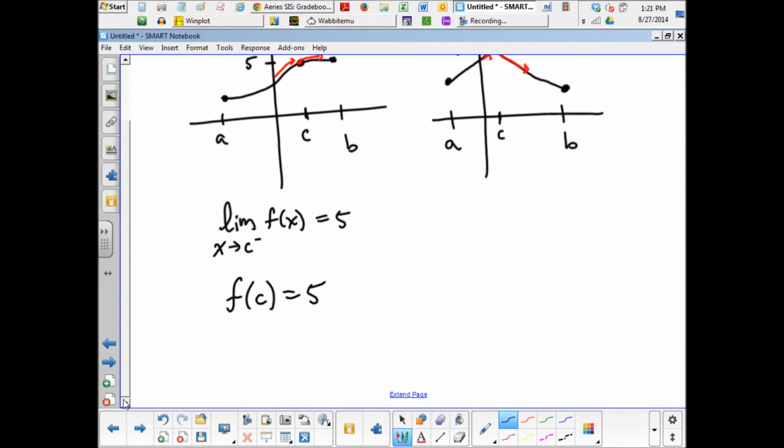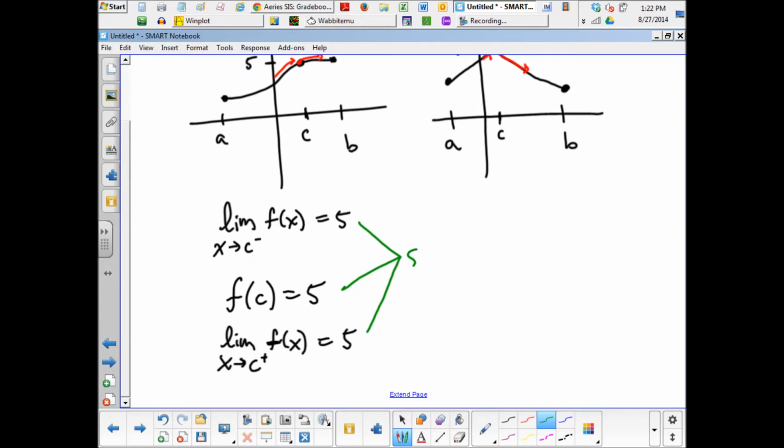The y-coordinate at C is 5. And then when you leave C, you're starting at 5 on your way out. So the limit on the right is 5. When all three of these are in agreement, we have continuity.